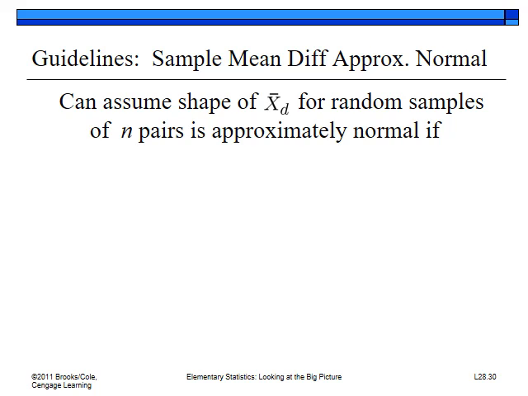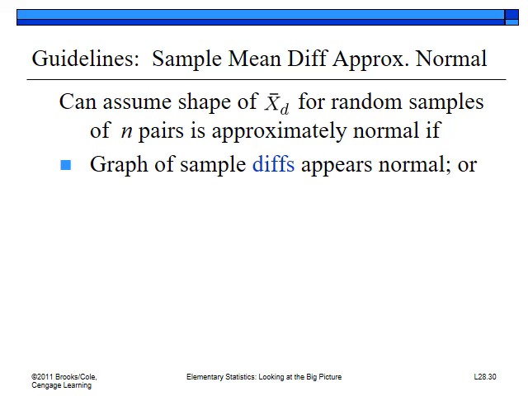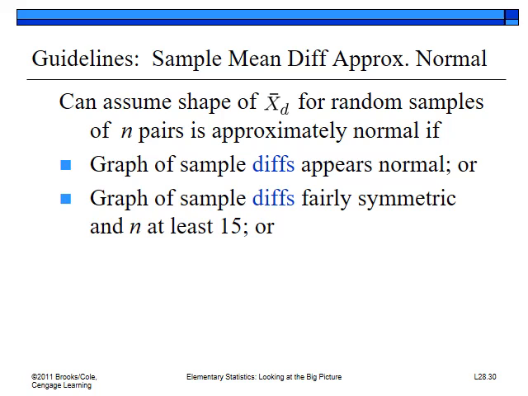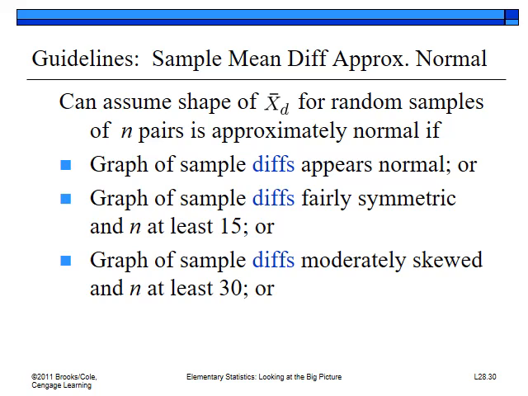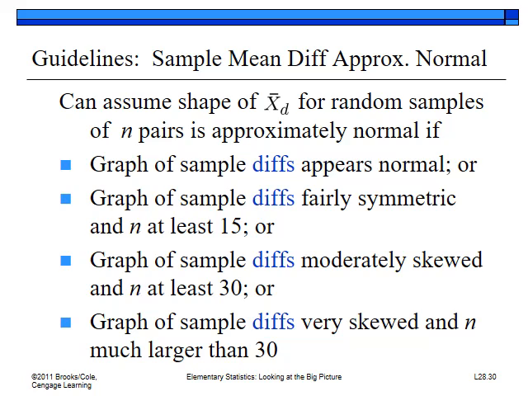We'll assume that the shape of the random variable for sample mean differences with n pairs is approximately normal if the graph of the sample differences appears normal, so we'll need a histogram or a stem plot or something like that, or the graph looks symmetric and n is at least 15, or the graph is relatively skewed and n is at least 30, or the differences are very skewed and n is much larger than 30.